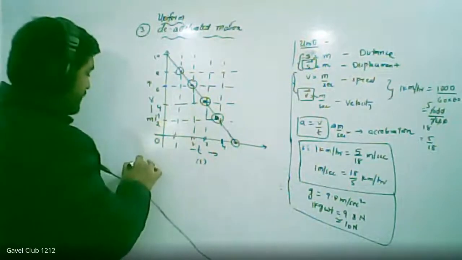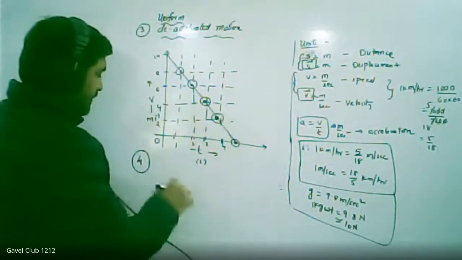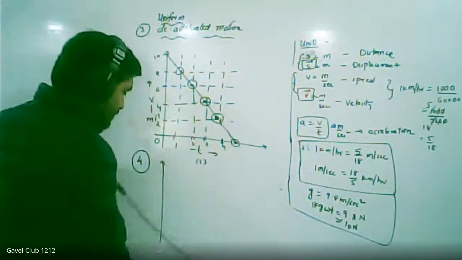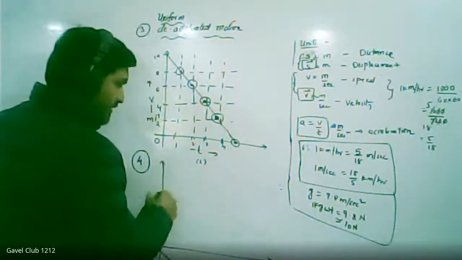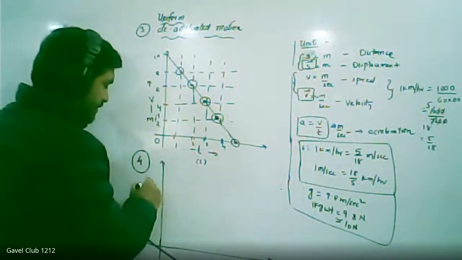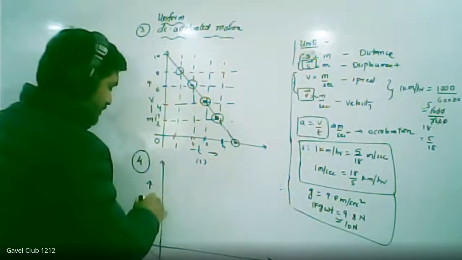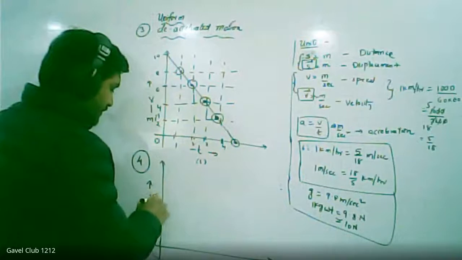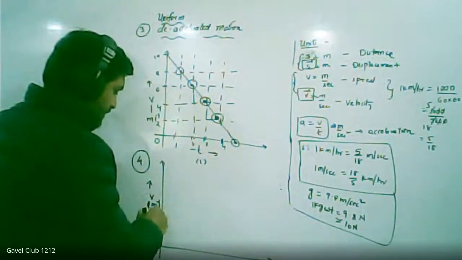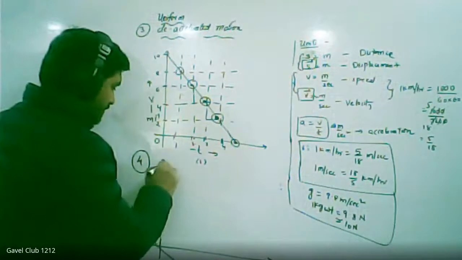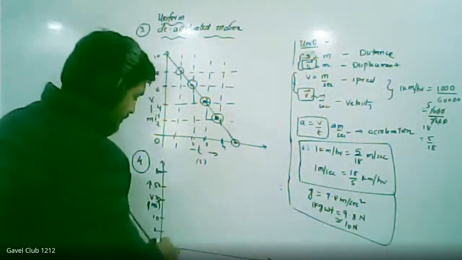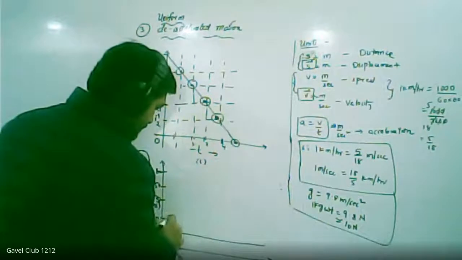And the fourth case here we have. What the fourth case means, if you take an object which is moving with different speed, it never has the same speed at a time. It continuously changes its speed. For example, it is 2, again 10, it's reached 20, then 50, 80. I'll just draw the graph for this.